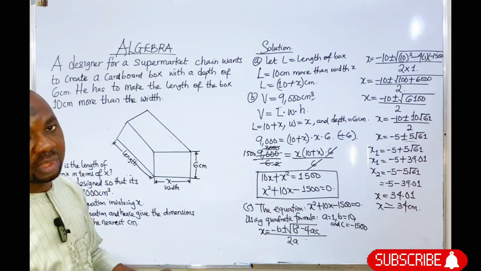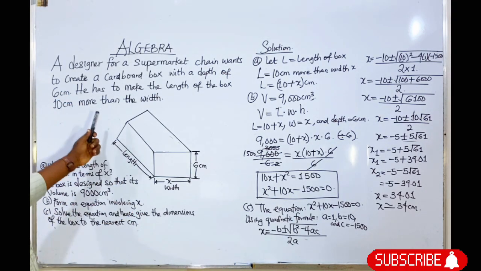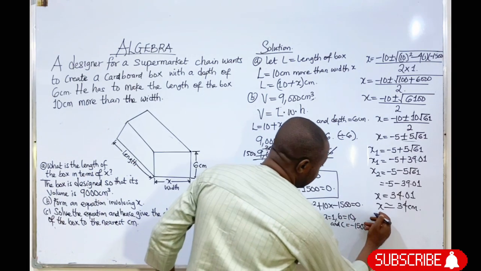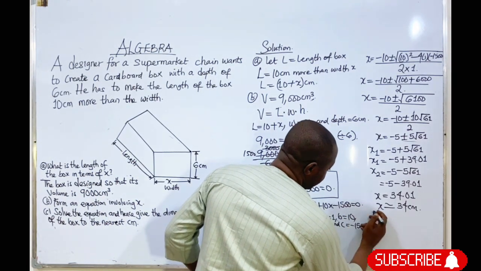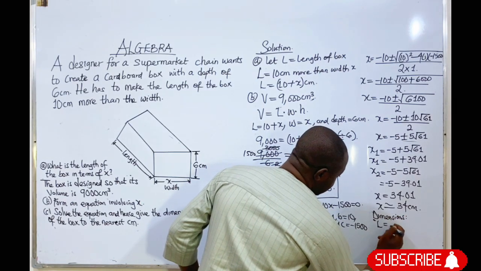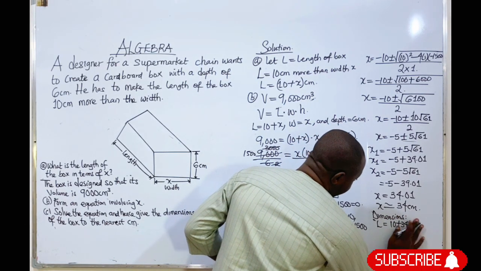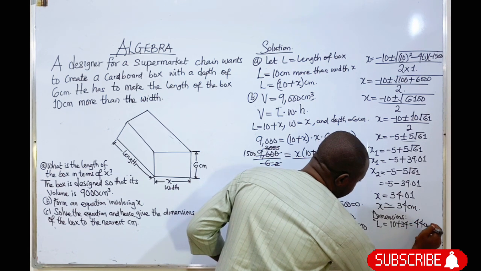So x is the width. Now the length is 10 centimeters more than the width. So the dimensions: the length will be 10 plus 34, and that will be 44 centimeters.